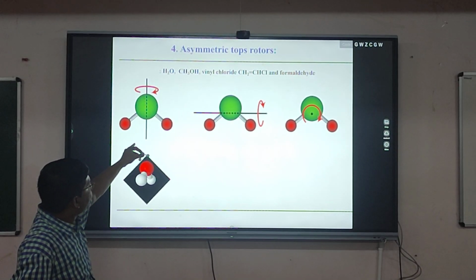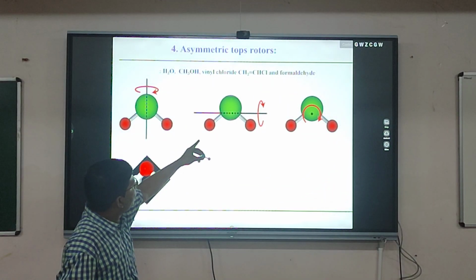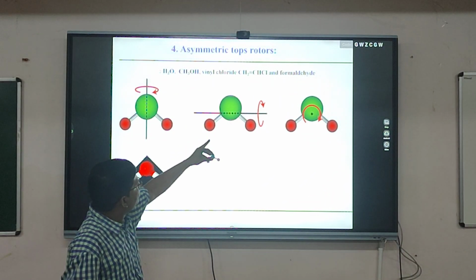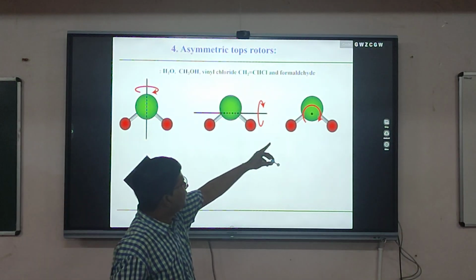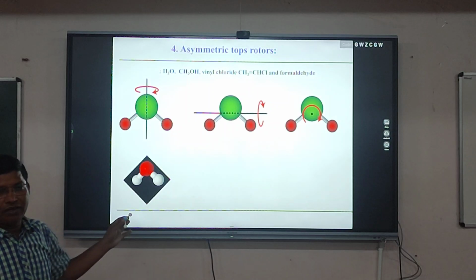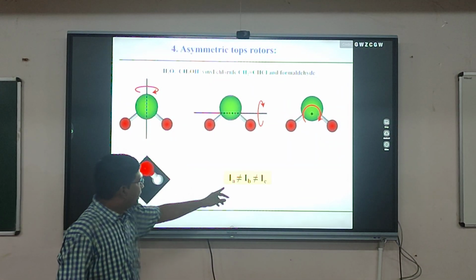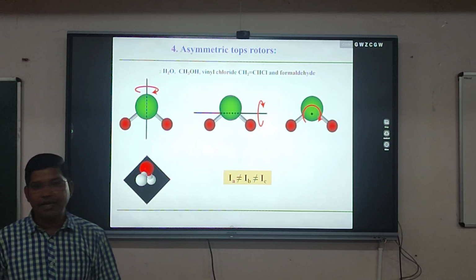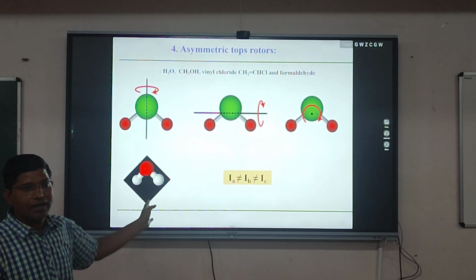So the molecule is rotating along the bond axis, and that moment of inertia is IA. This is the rotation of the molecule along the plane, and this is the perpendicular. In this scenario, we get the condition IA is not equal to IB, and it is not equal to IC.